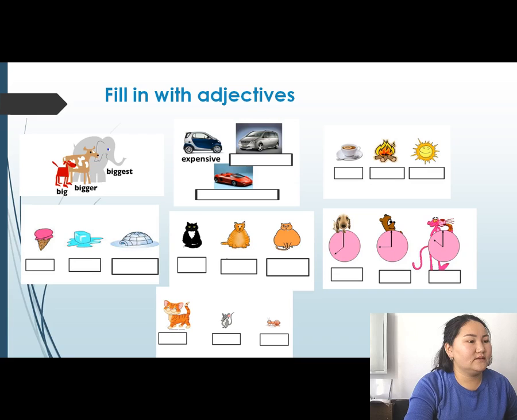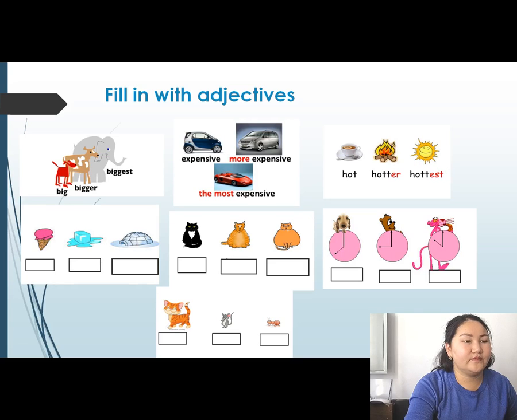So next, the word expensive, comparative, more expensive, superlative, the most expensive. Next adjective is hot, comparative, hotter, and superlative, the hottest.